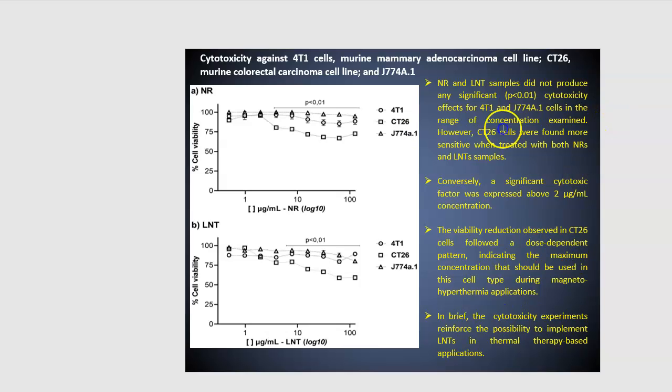So you can see here the nanoring and long nanotube sample didn't produce any significant cytotoxicity effect for 4T1 and J774A.1 cells, whereas CT26 cells were found more sensitive when treated with both nanorings and long nanotube sample.